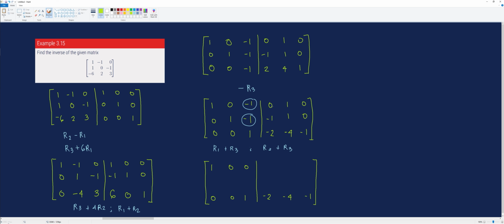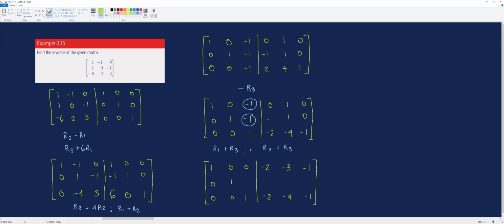For the other side, that is 0 plus negative 2 is negative 2. 1 plus negative 4 is negative 3. 0 plus negative 1 is negative 1. So for the last, R2 plus R3, so 0 plus 0 is 0. 1 plus 0 is 1.